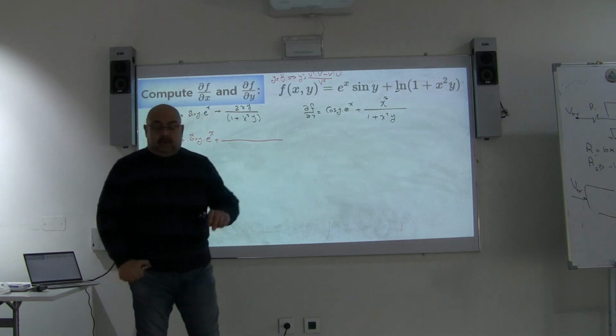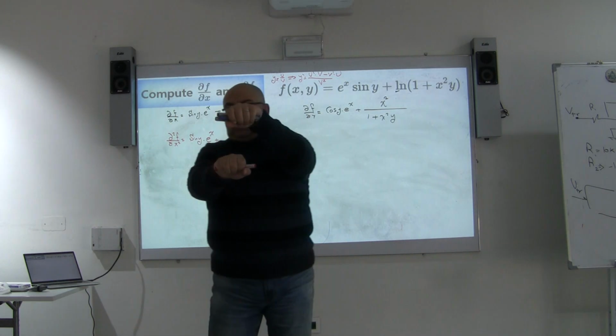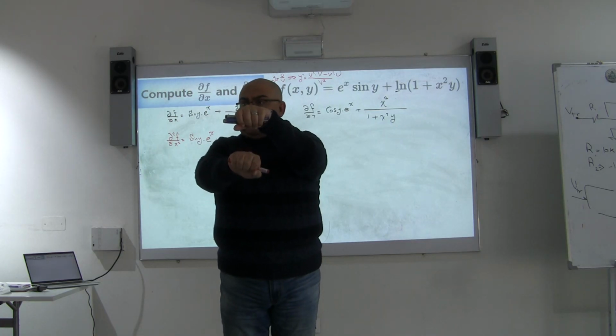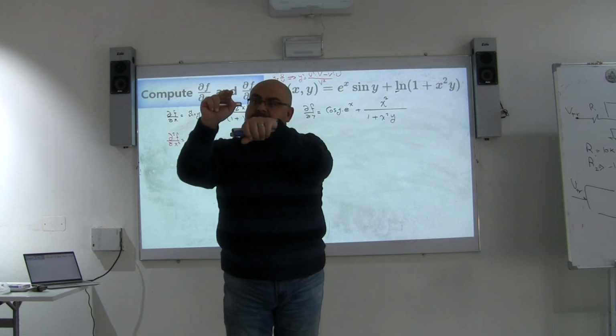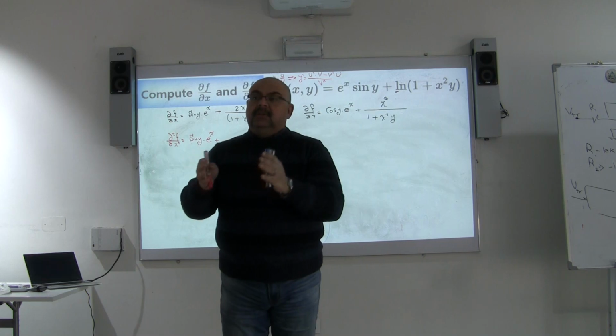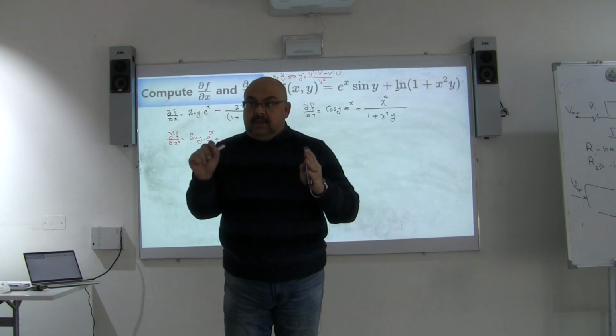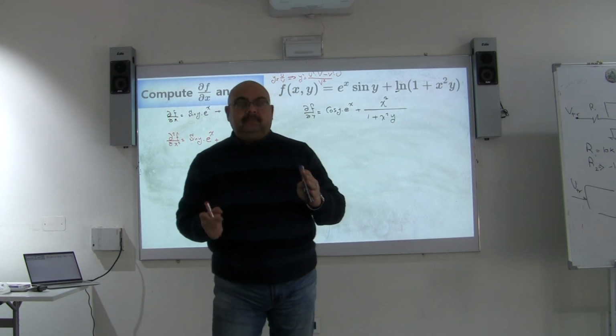So once more, if you have two functions divided by each other, start by squaring the denominator, then differentiate the numerator times the denominator, then minus vice versa.